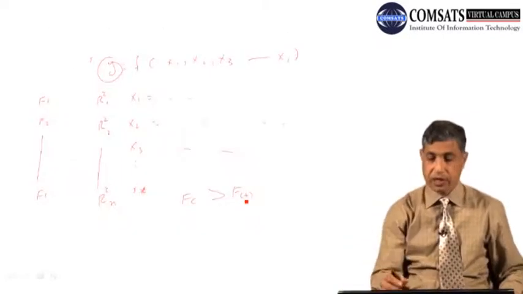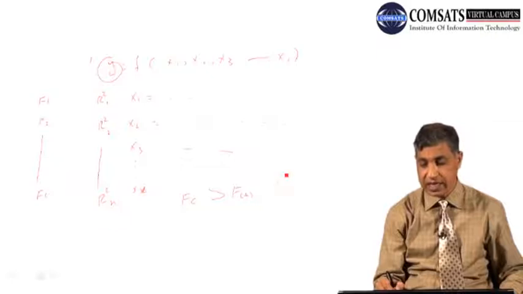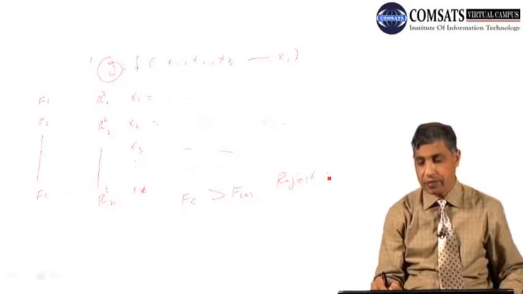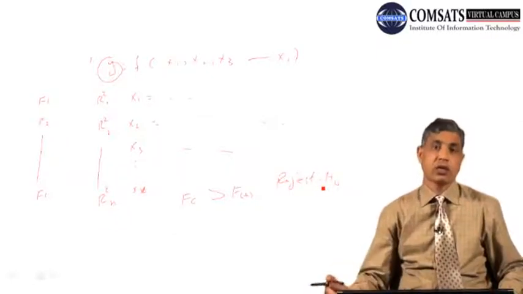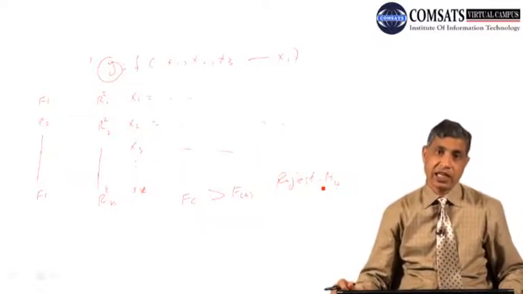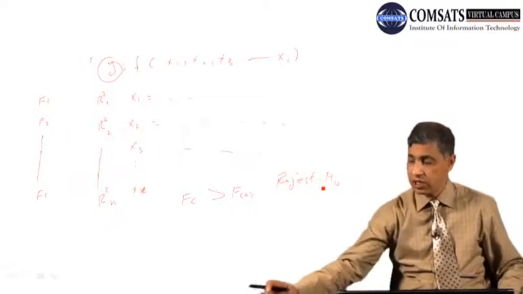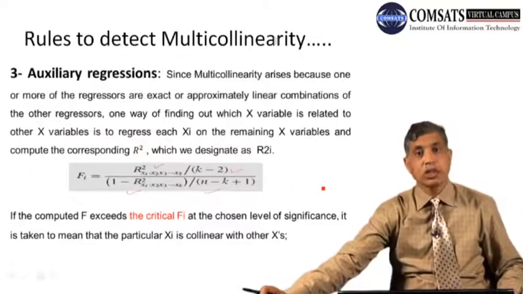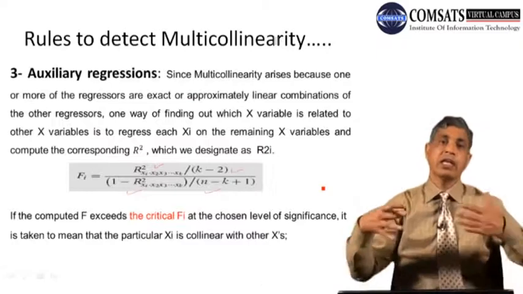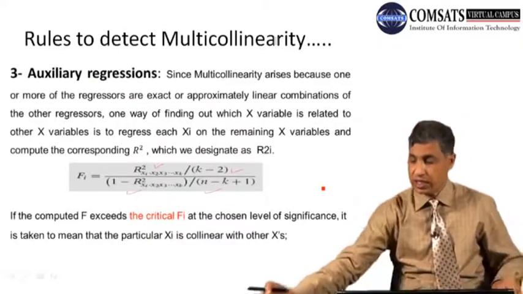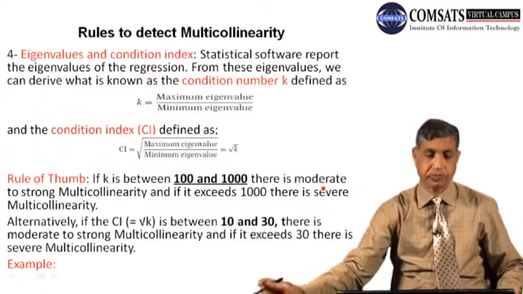So when the calculated value becomes greater than this, we will reject our null hypothesis, that is the H0, and we will say that there is multicollinearity in the data. So this is the auxiliary, the helping regression that we are estimating.